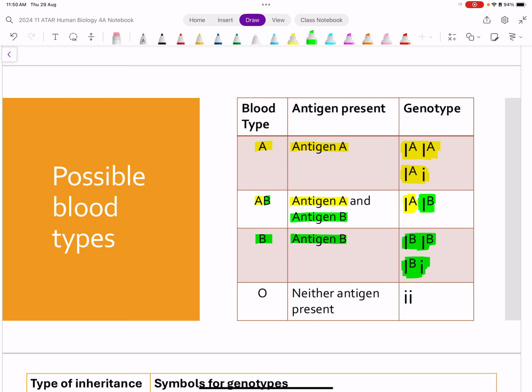Finally, we can also have type O blood. And in type O blood, neither antigen is presented, and instead we have two copies of the recessive allele. And it's clear to see when we look at our lowercase i's here that there is no A antigen in the genotype, nor is there any type B, so the red blood cells themselves have no antigen presented.